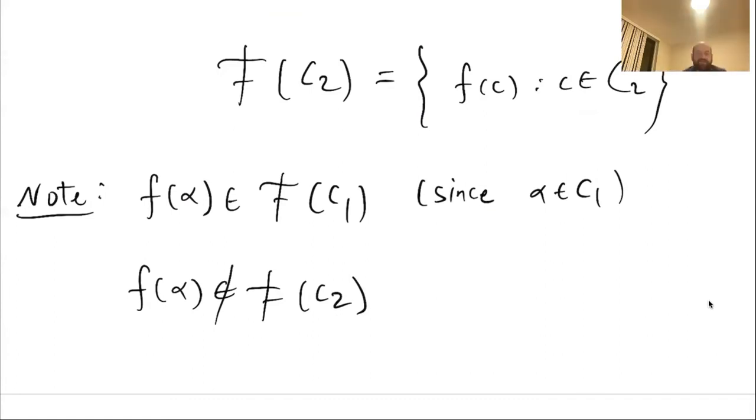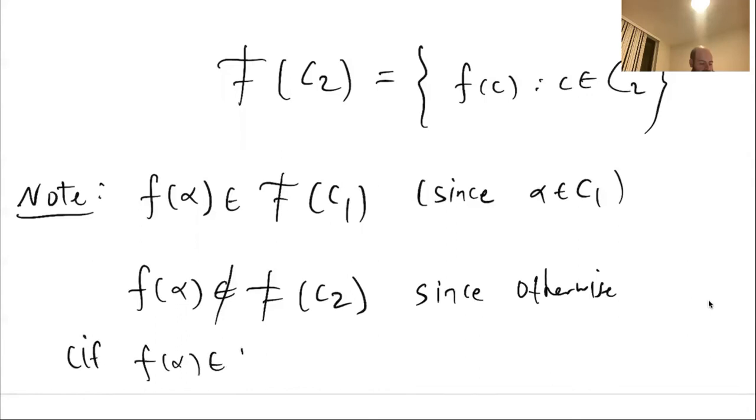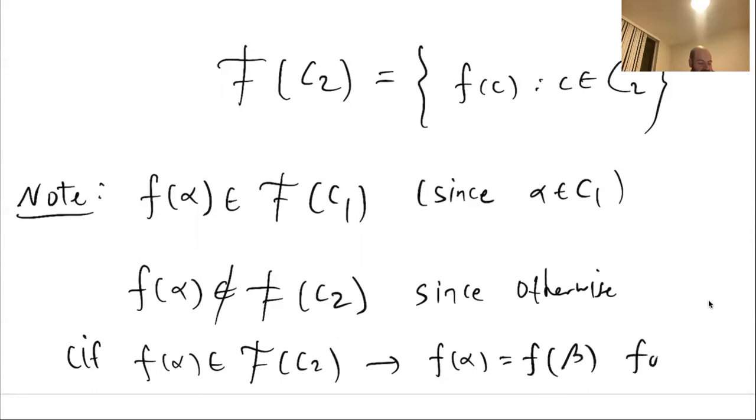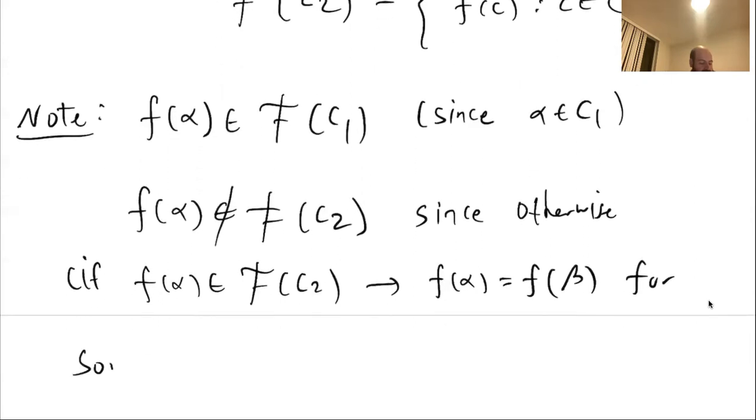Why is f of alpha not in curly F of C2? Since otherwise, if f of alpha is in curly F of C2, then we can say that f of alpha equals, let's say, f of some beta for some beta inside C2.